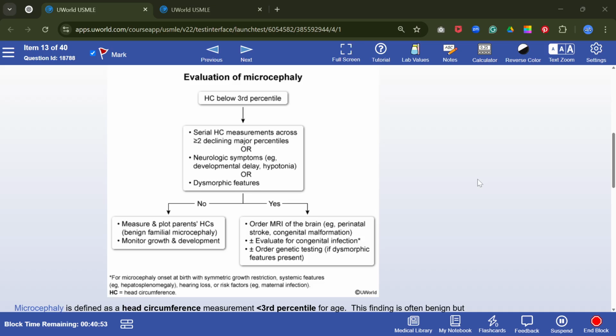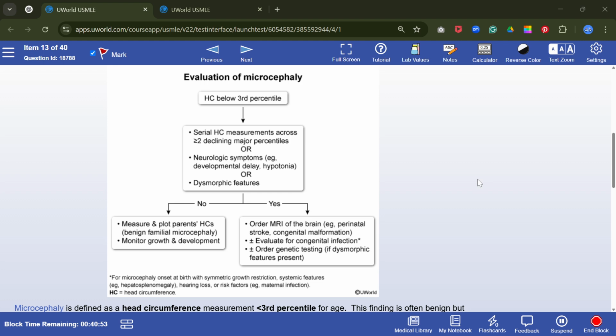Let's discuss a very high level topic, microcephaly. If head circumference is below the third percentile, then we need to look for DNS. What does it mean?